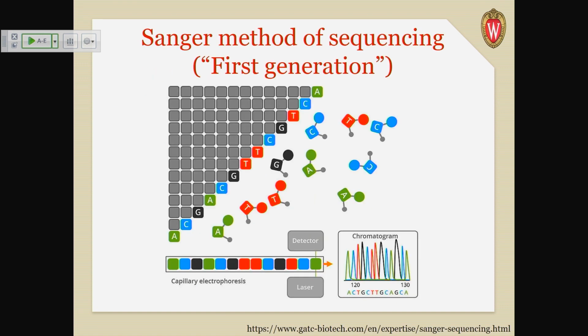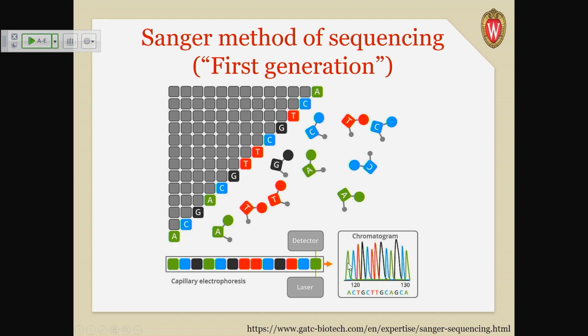So next-generation sequencing obviously had to have something come first, and the first generation was called Sanger sequencing. It was developed in the 70s by Frederick Sanger, and essentially it is taking each A, T, C, and G, each nucleotide, and labeling it with a different color. I won't get into it too much, but in the end, you get this chromatogram of peaks.